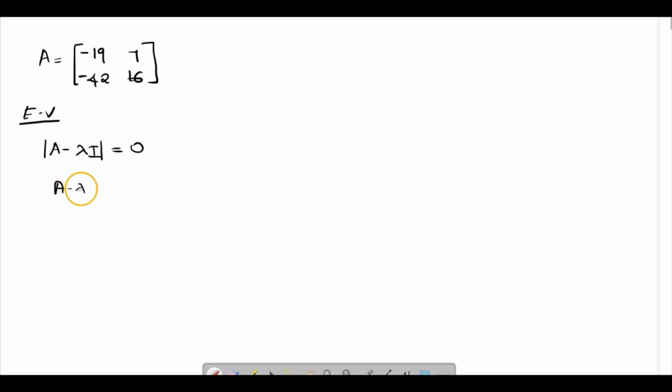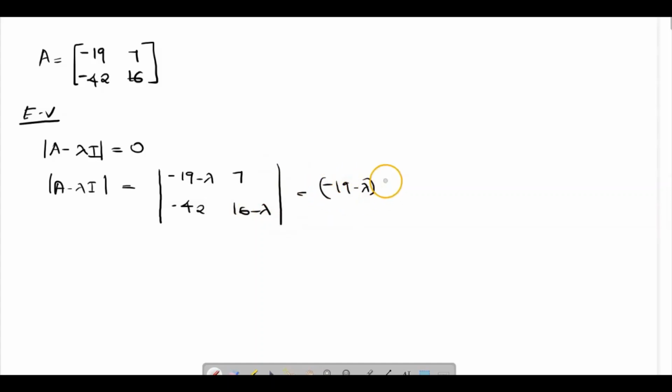So first find the determinant of A minus lambda I: minus 19 minus lambda, 7; minus 42, 16 minus lambda. So the determinant is minus 19 minus lambda into 16 minus lambda minus 7 into minus 42.